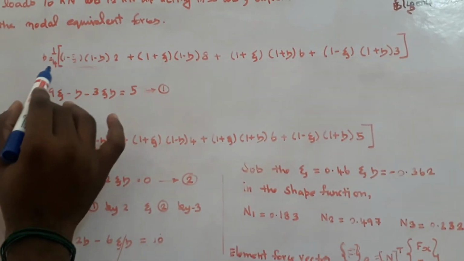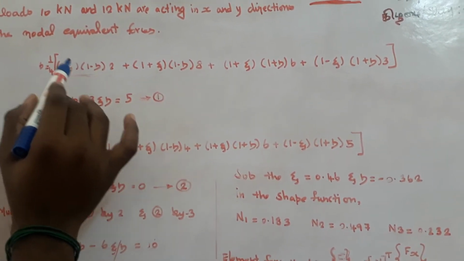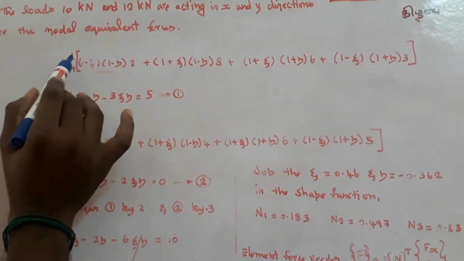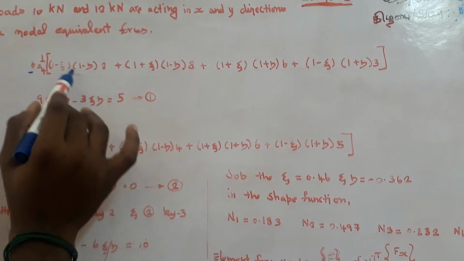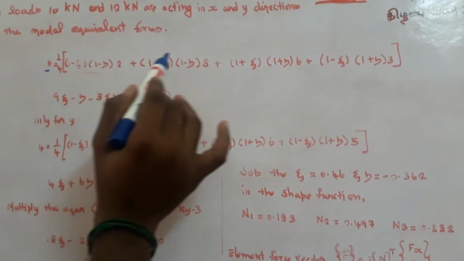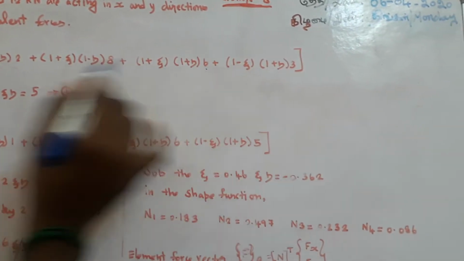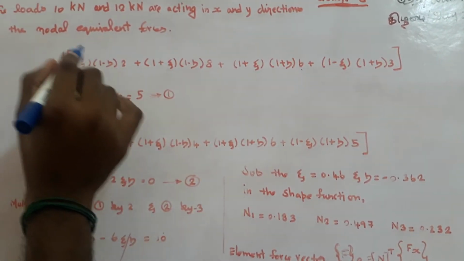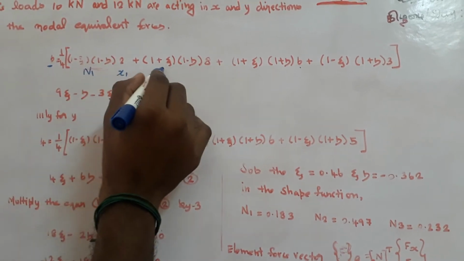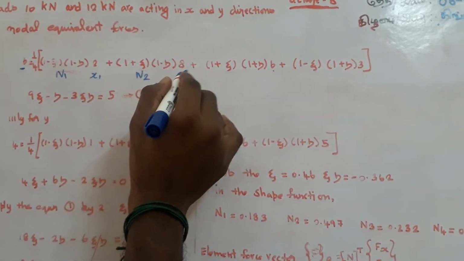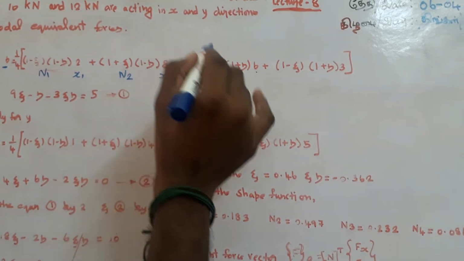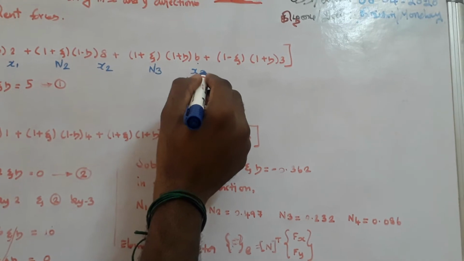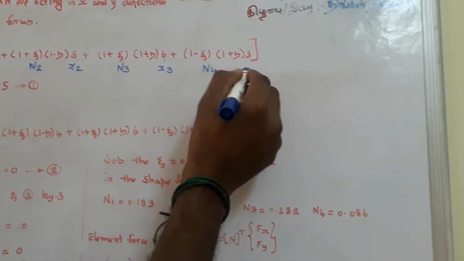Once again, this equation is from the Cartesian coordinate of x. This is the value of x for the point P, and this is the shape function value and the corresponding x1, x2, x3, x4 values. (1 minus epsilon)(1 minus eta) is the shape function, and this is the x1 value, and this is the shape function for node 2, and this is x2, and this is N3, and this is x3 and N4 x4.